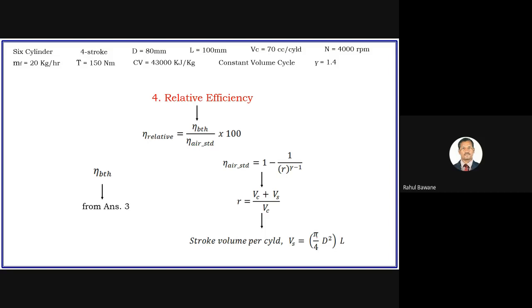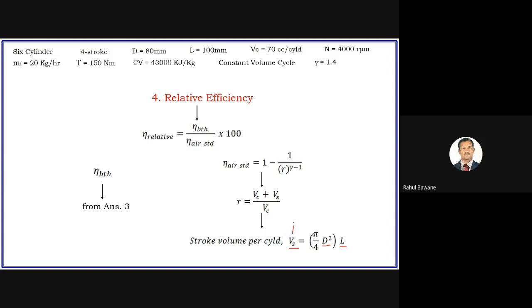So what is the area of cylinder? Pi by 4 d square, multiplied by stroke length, and it will give stroke volume. D is given 80 mm, stroke length is given 100 mm. We have to put in meter, then calculate the stroke volume.